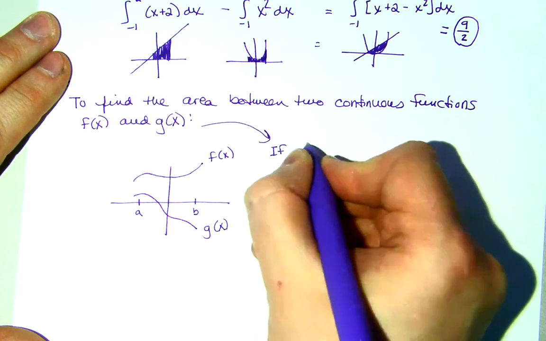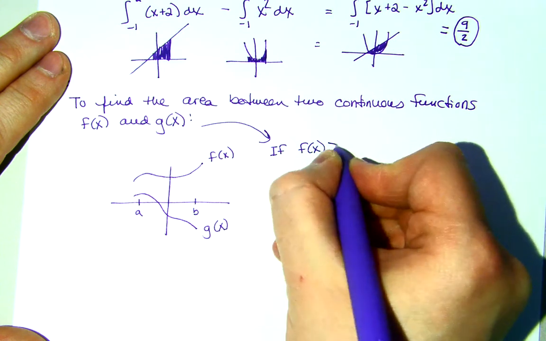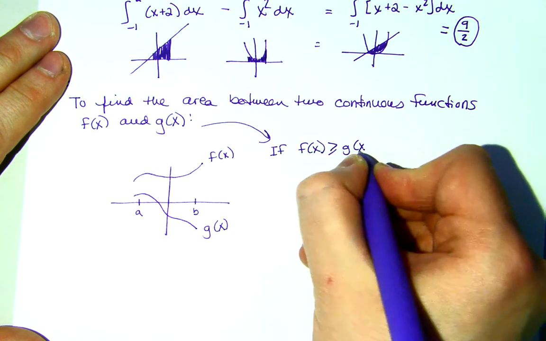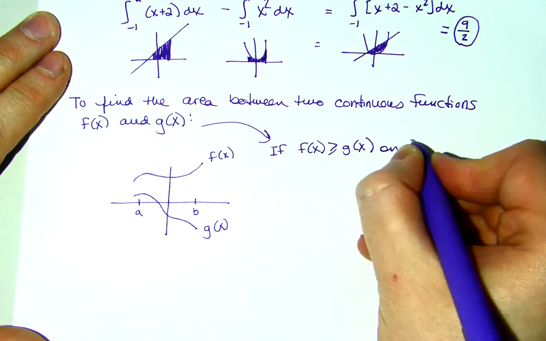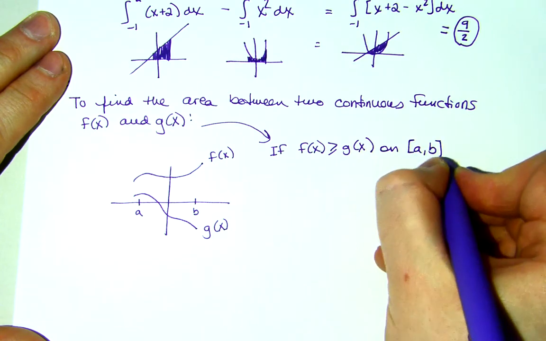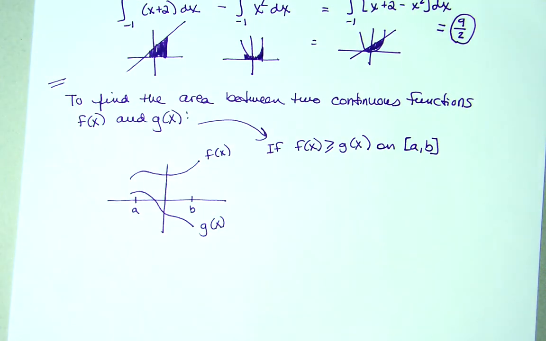If f of x is greater than or equal to g of x on the interval I actually care about, from a to b, which is what I see in that drawing that I just gave you, f of x was the higher function.